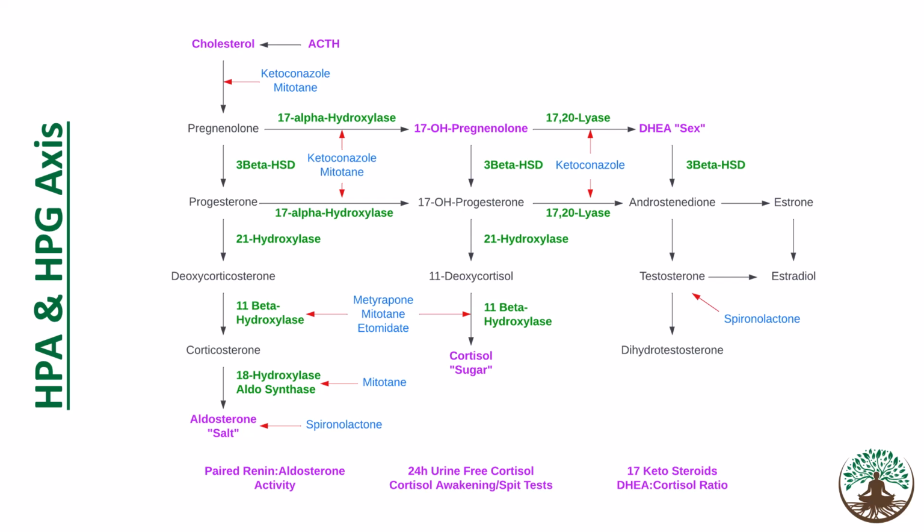HPA axis analysis can show us how cortisol rises and falls throughout the day in relationship to other hormones in the steroidogenesis pathway, so that we can determine the type of abnormality and how to intervene. This is a place where nutraceutical treatments really shine, as several agents, especially adaptogenic botanicals, have demonstrated an ability to regulate the activity of cortisol and reduce stress-related symptoms.